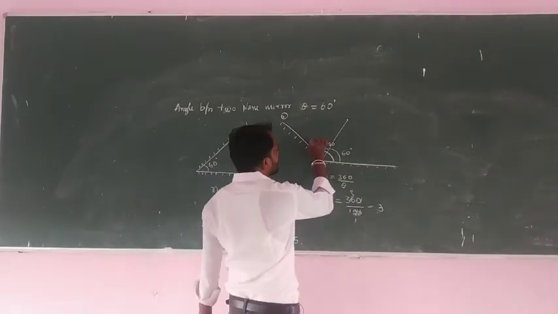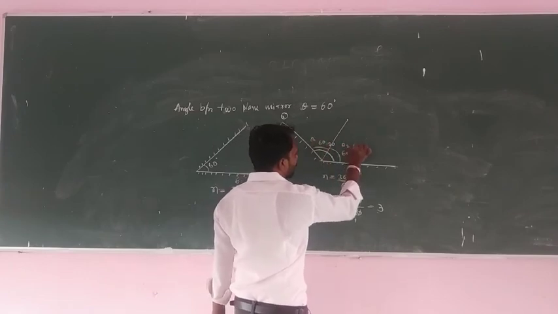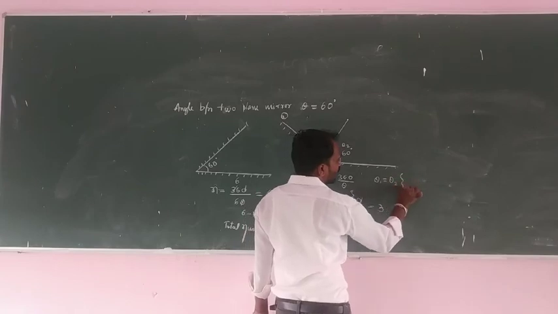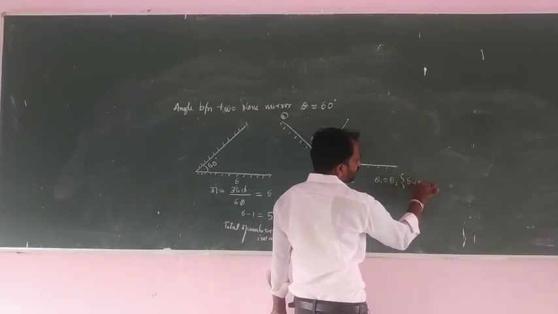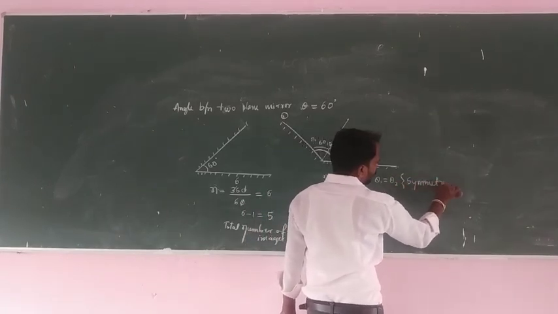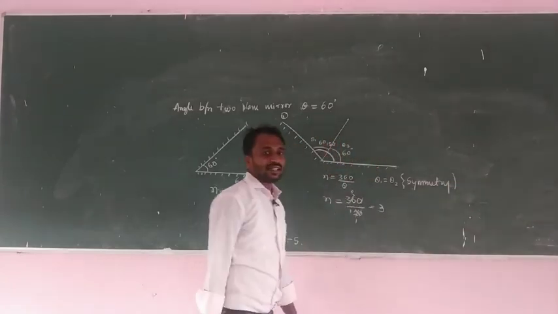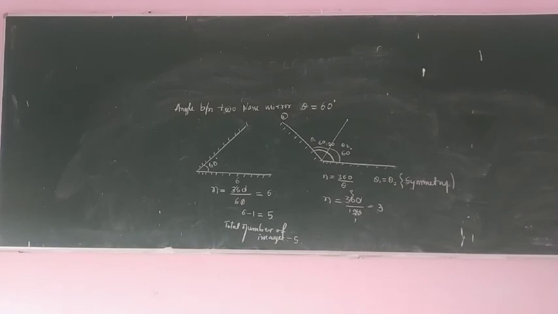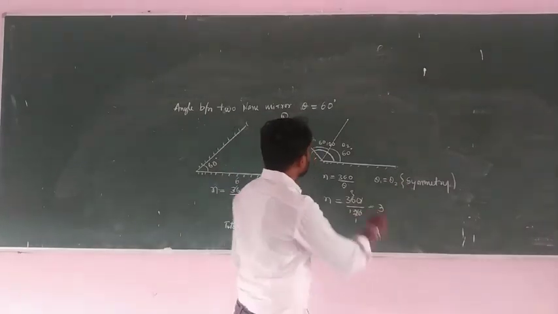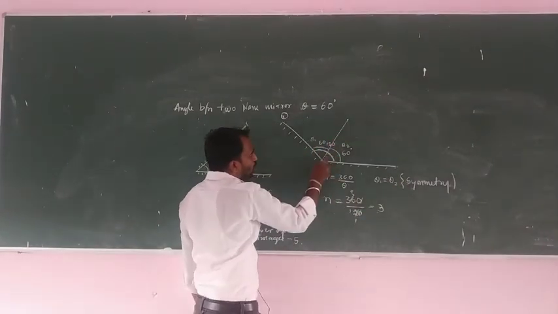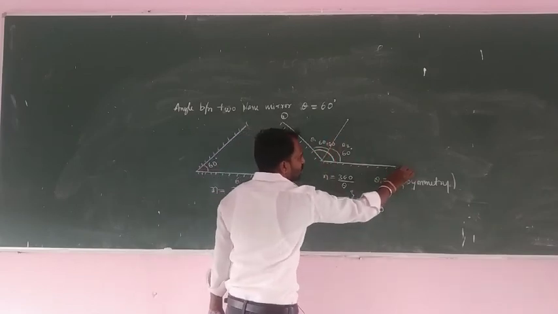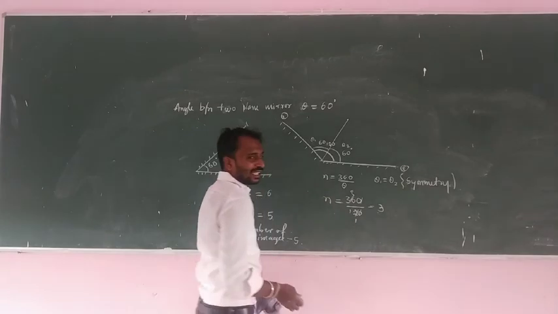This one is theta 1 and this one is theta 2, so theta 1 is equal to theta 2. This is symmetry, because the angle from the object to the first mirror is 60 and to the second mirror is also 60.